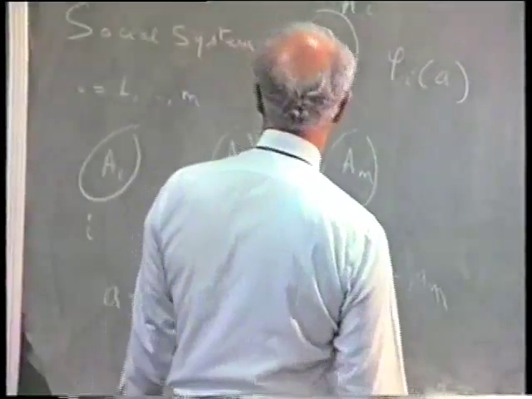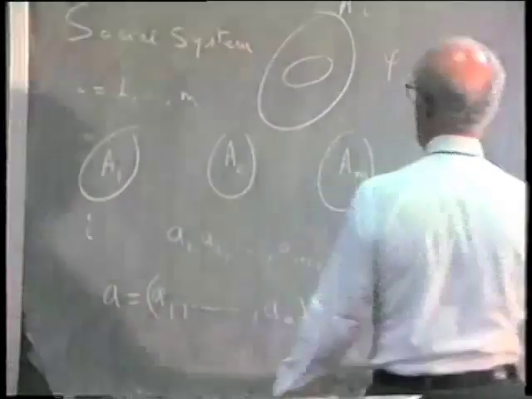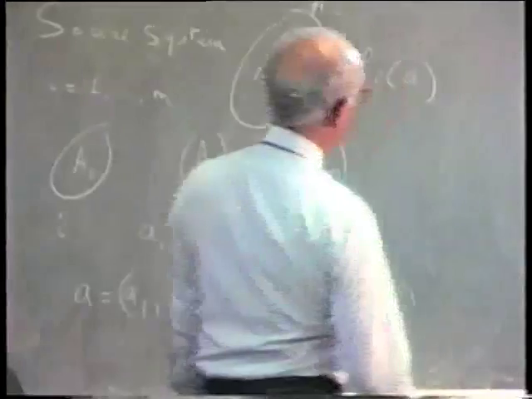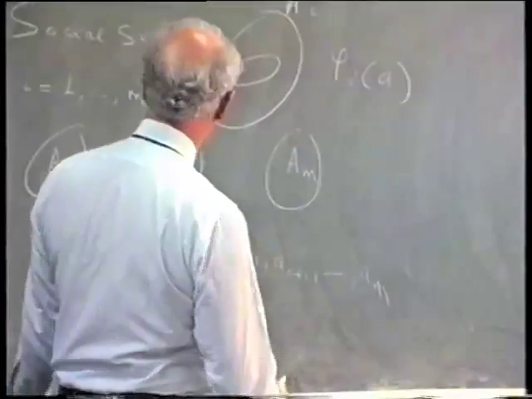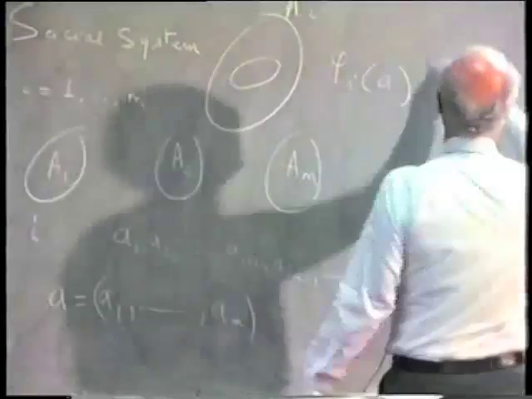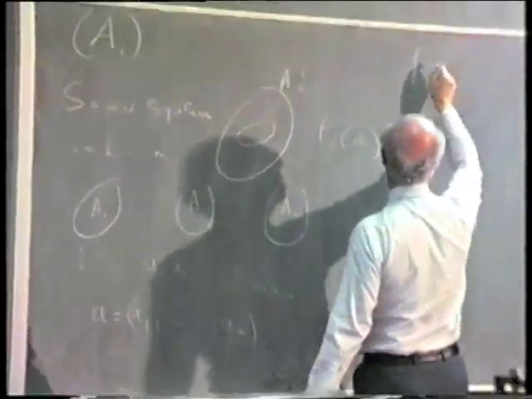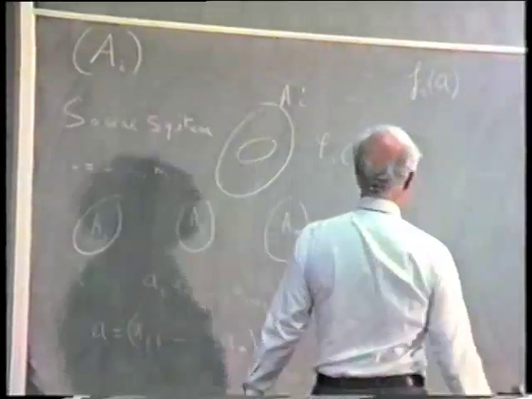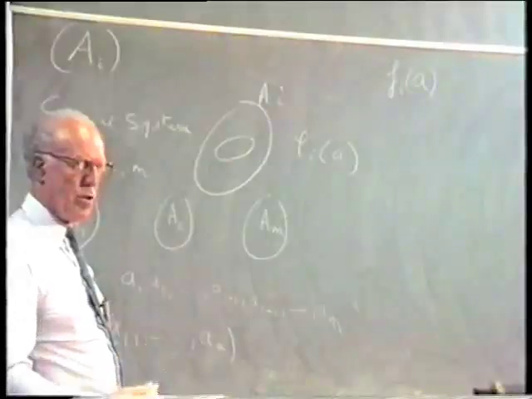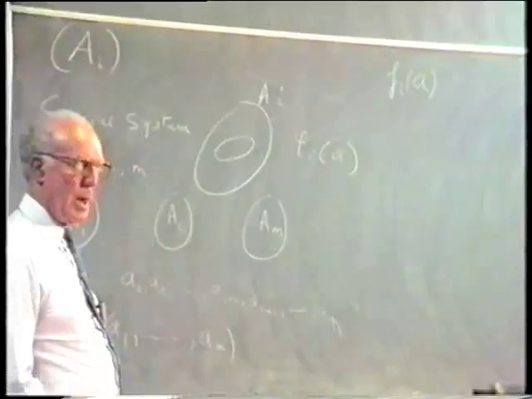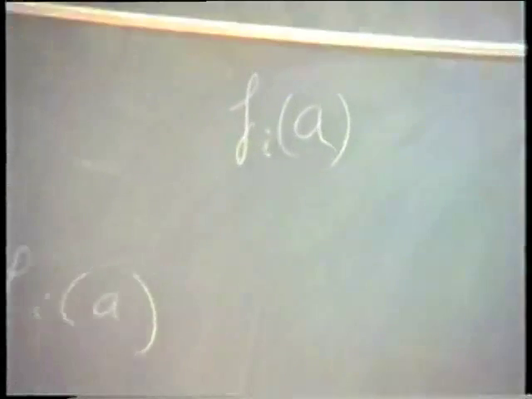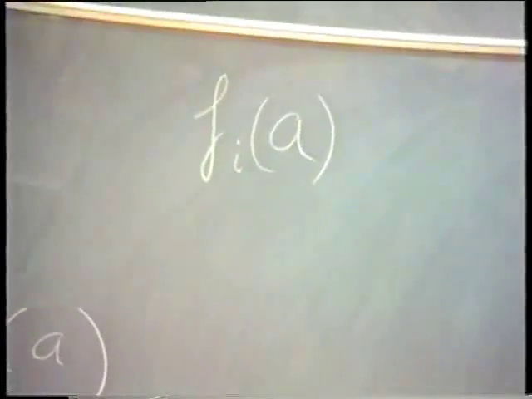And the only thing that we have left to specify is if the social state is A, simply a list of all the actions chosen by the agents, then the utility to the i-th agent is f_i of A. We have different utility functions for the different consumers, and we specify that your utility depends not only on what you do, but on what the others do. And it is indeed the case.